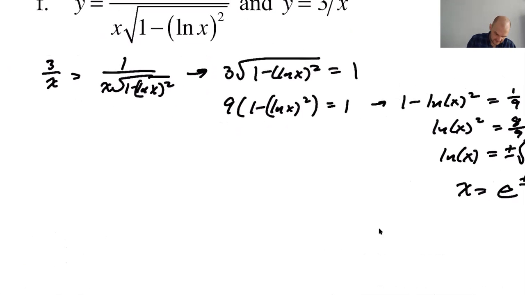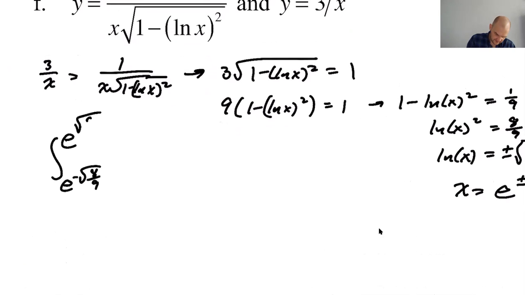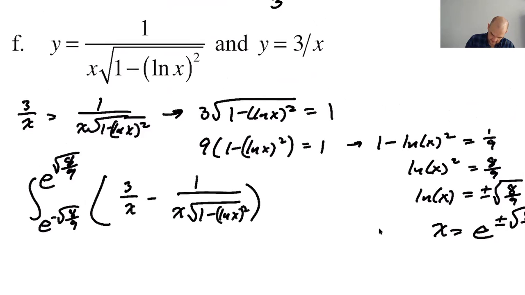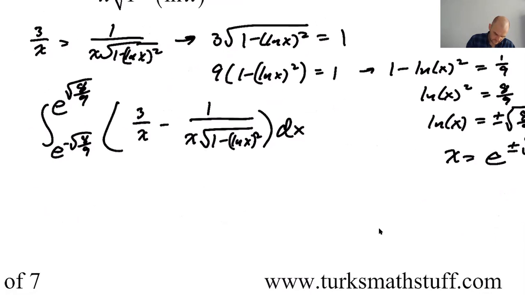So I'm going to do the integral from e to the negative radical 8/9 to e to the radical 8/9. It's like, why are we even doing this problem? Don't know. 3 over x minus 1 over x root 1 minus natural log of x squared, holy cow, dx. All right, I say sort of confidently.